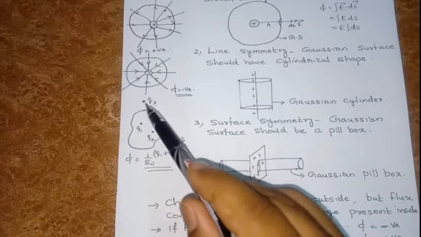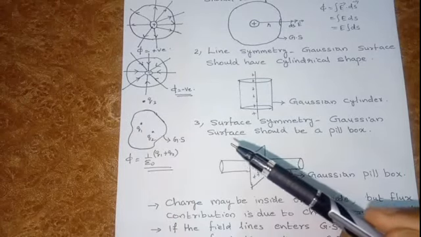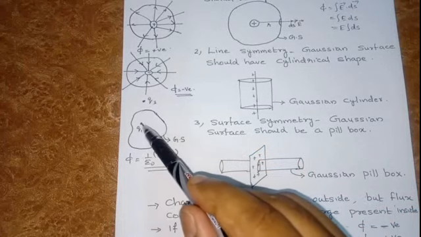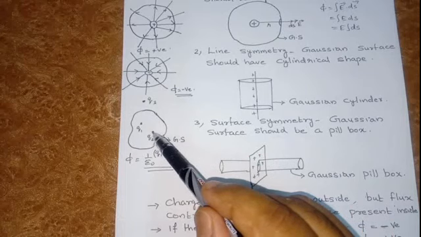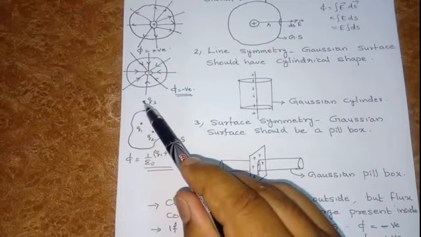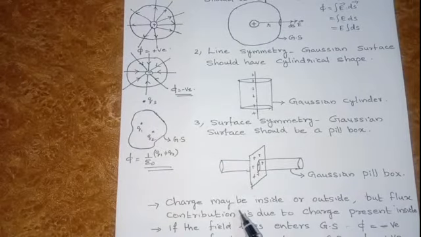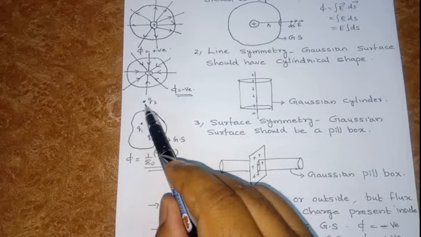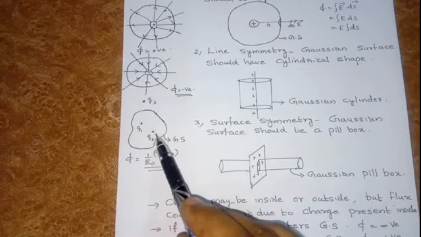Let q1, q2 and q3 be the charges present in this region. So how much charge is present inside the Gaussian surface? q1 and q2 are the charges present inside the Gaussian surface, and charge q3 is outside. So this particular property says that outer charges will not contribute to the flux. Inner charges only contribute to the flux.